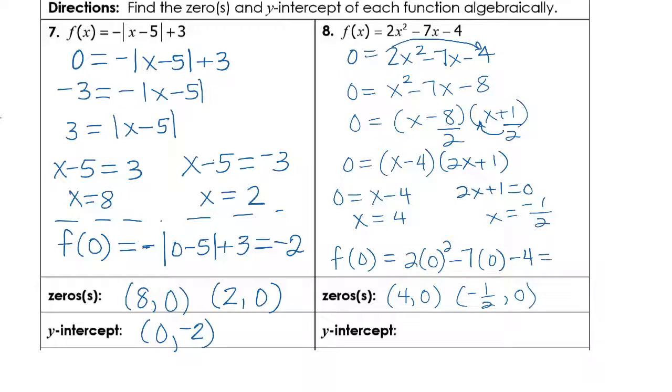So what is all that going to be equal to? Okay, looks like we're going to end up with -4, isn't it? Okay, so let's go ahead and write in our y-intercept. That means that we're going to have (0, -4).